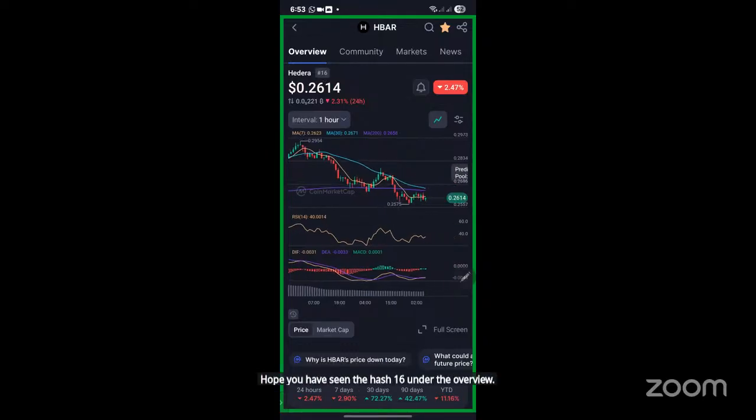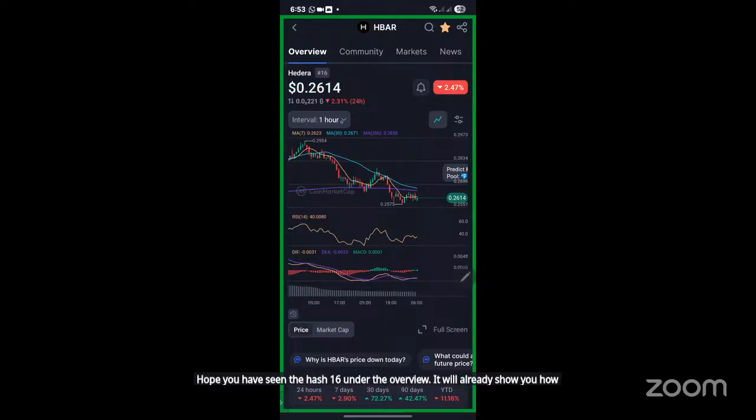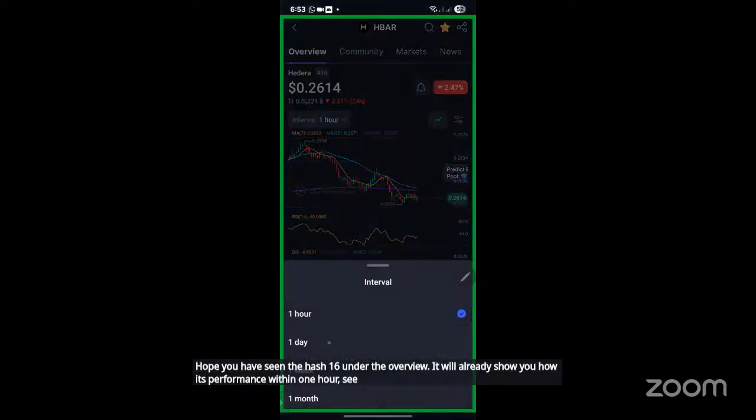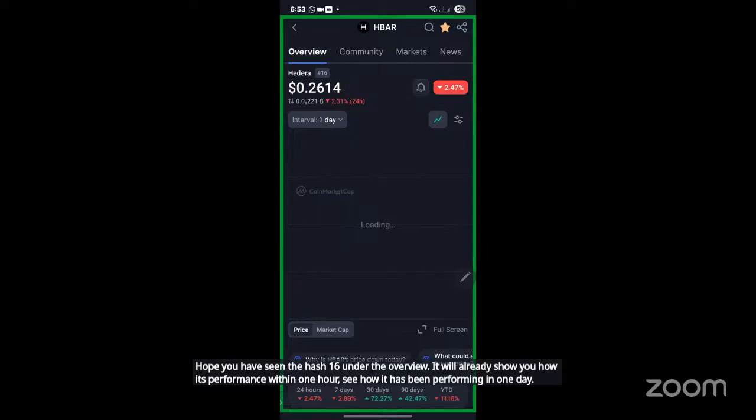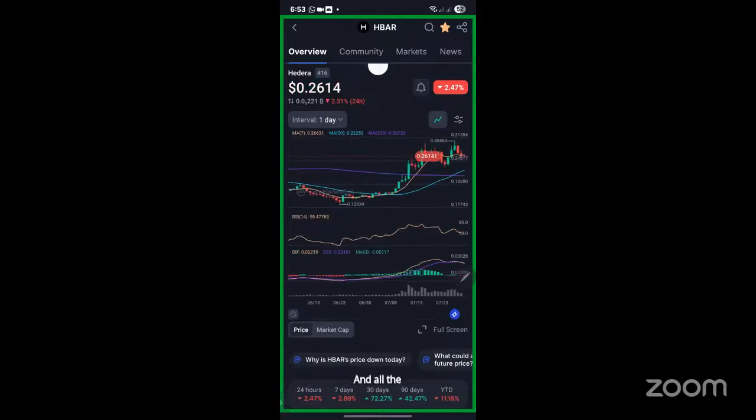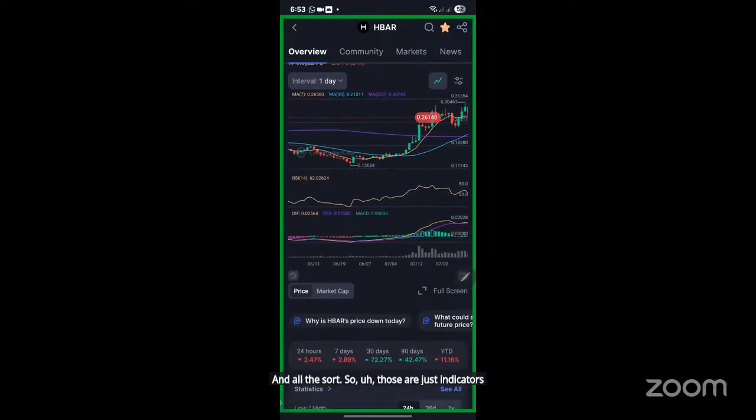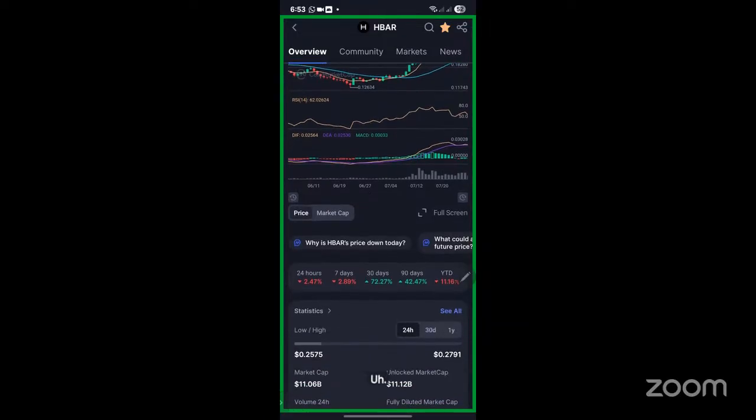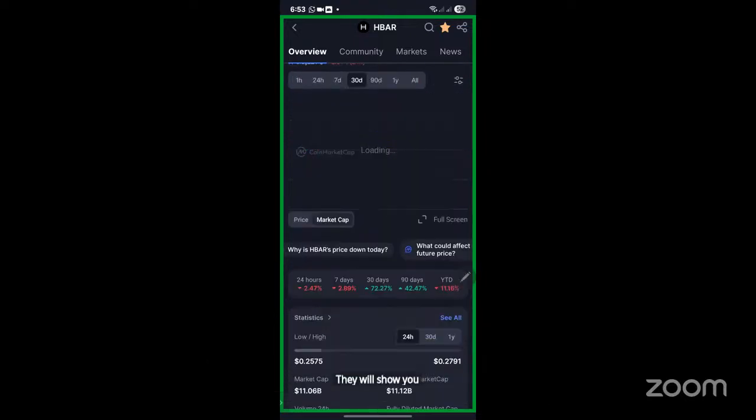It will always show you how its performance is within 1 hour, how it has been performing in 1 day, and all of that. Those are just indicators like any other. They will always show you the price down here, the price breakdown, and the market cap of this coin, how much money.